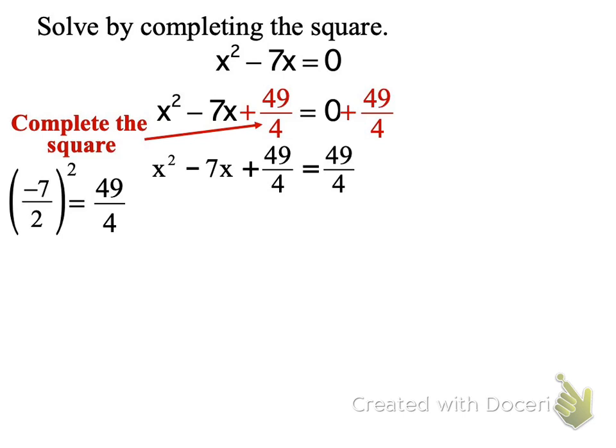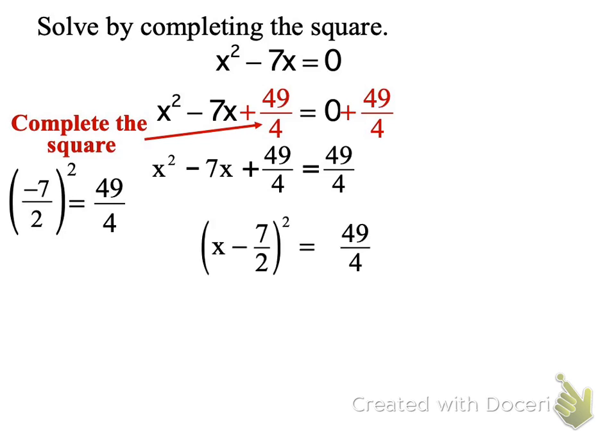Factoring. You factored the left side. So you factored and you got the quantity of x minus 7 over 2, squared, and then plus 49 over 4 on the other side. Good.